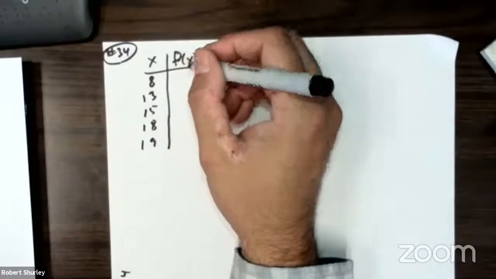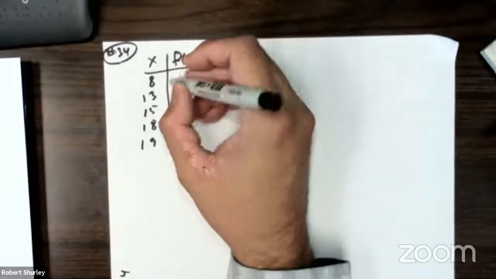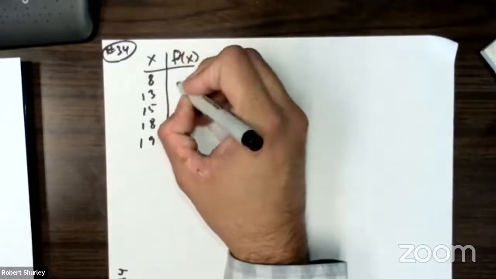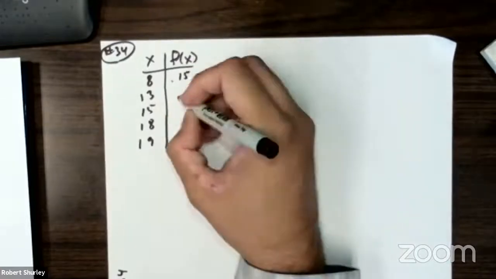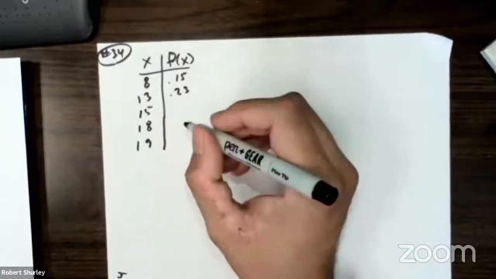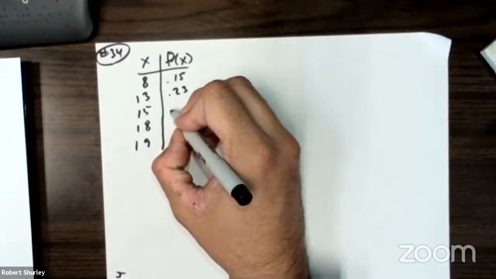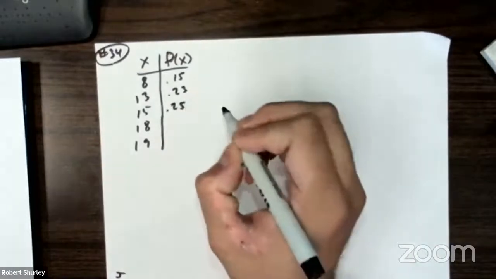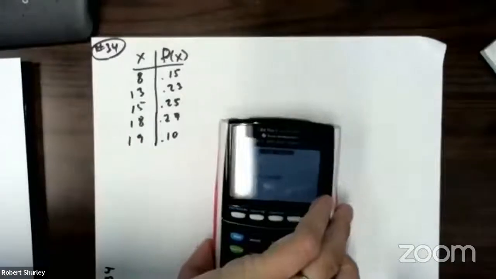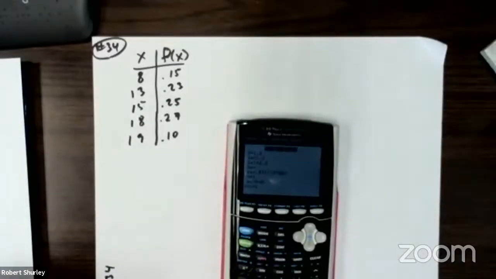And then you've got the probabilities of each. So on 34, this would be 0.15 for 8, 0.23 for 13, 0.25 for 15, 0.27 for 18, and 0.10 for 19. So I'm going to put these in as lists in my calculator.